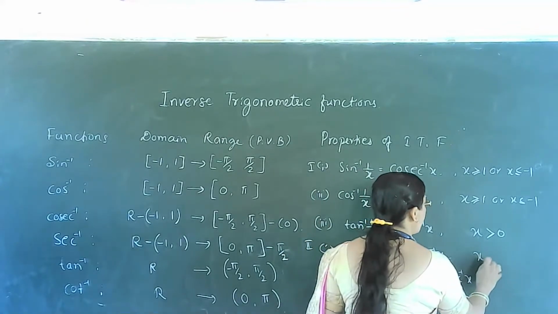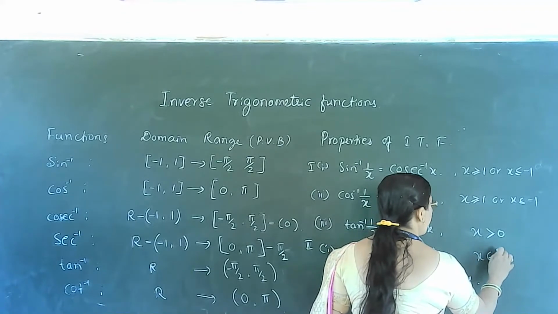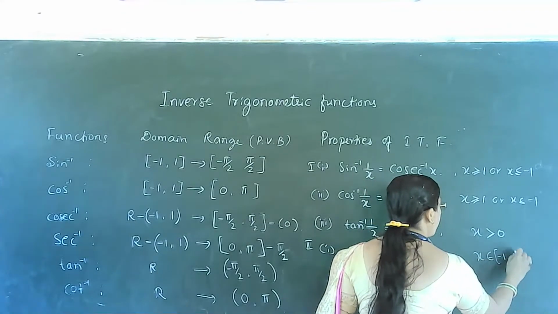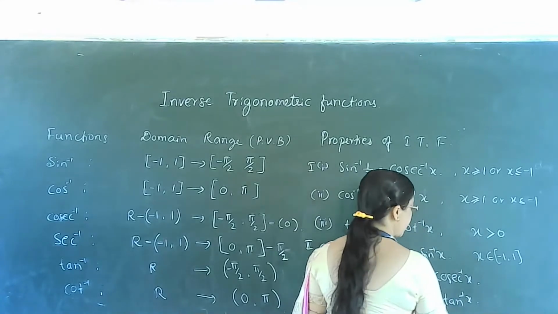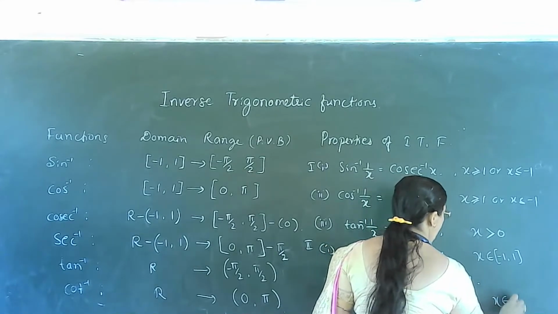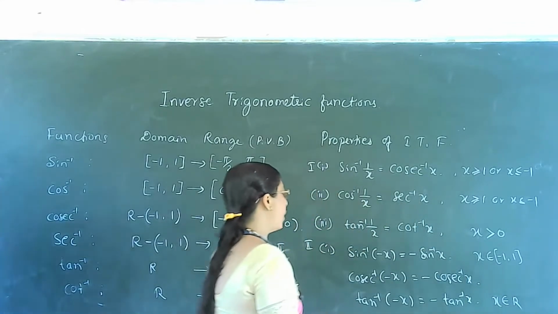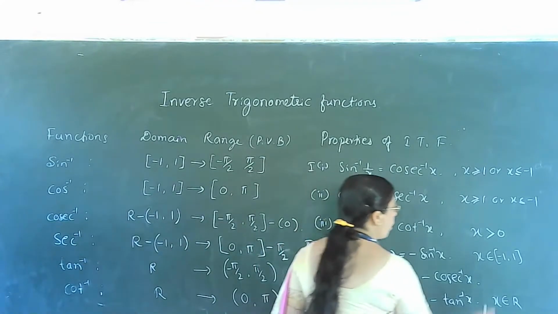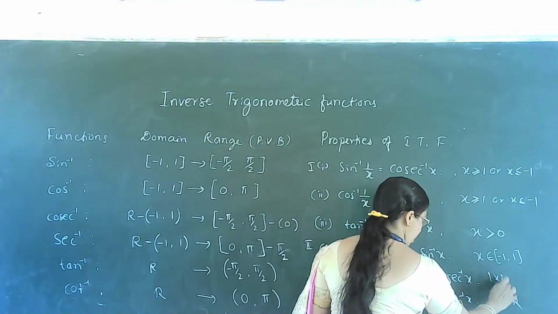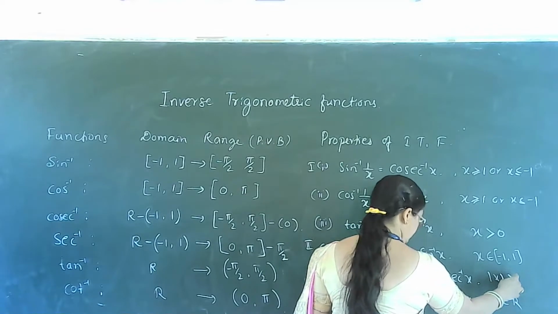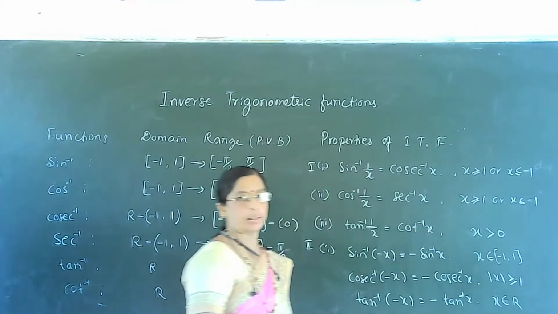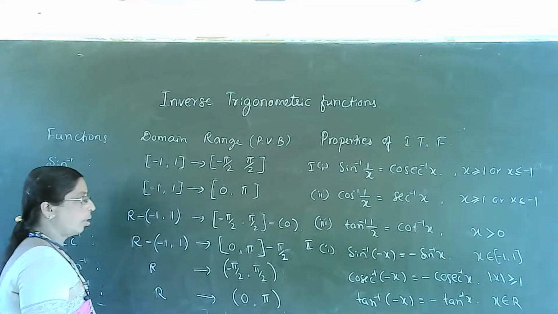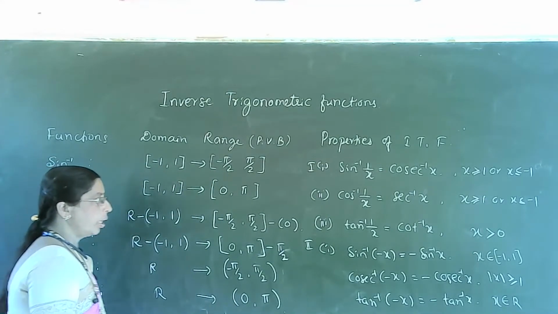Here x belongs to minus 1 to plus 1 for sin, x belongs to R for tan, and for cosec mod x is greater than or equal to 1.